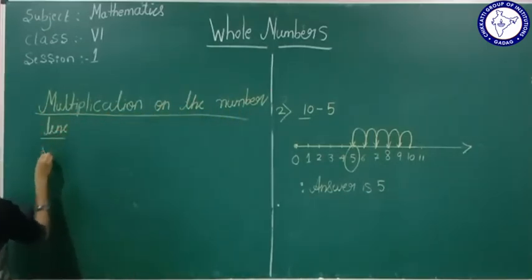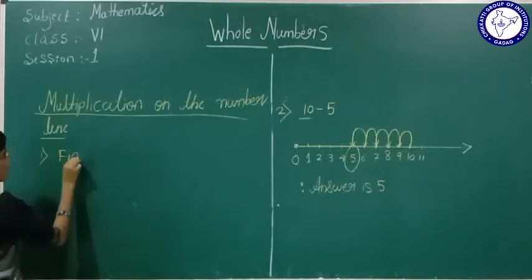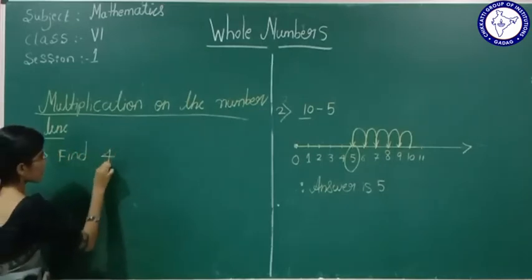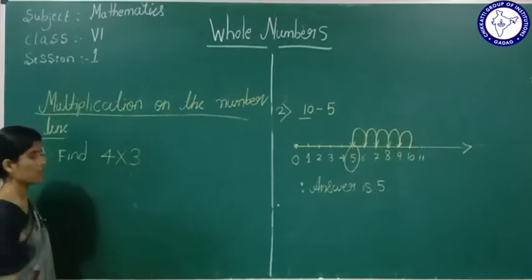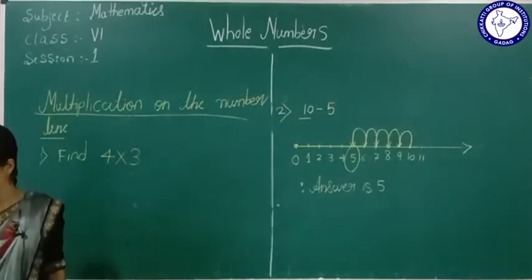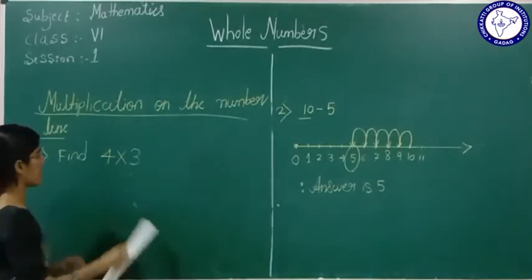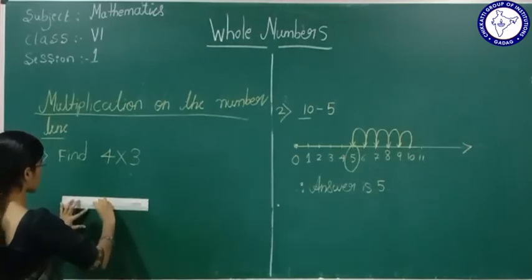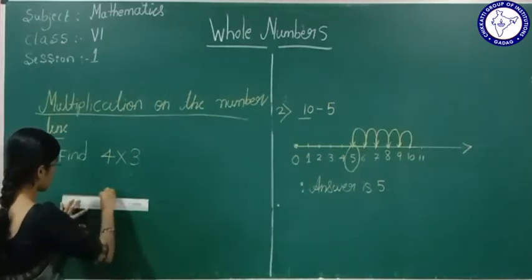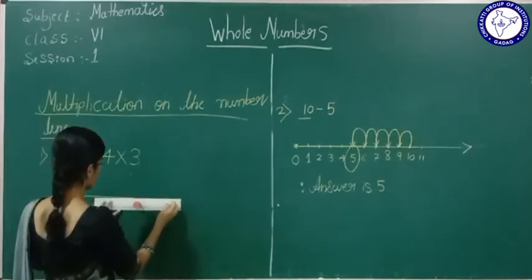Now if I ask you to find 4 into 3, find 4 multiplied by 3. Now again draw a number line. You know that 4 threes is 12, right? But we have to do it on a number line.